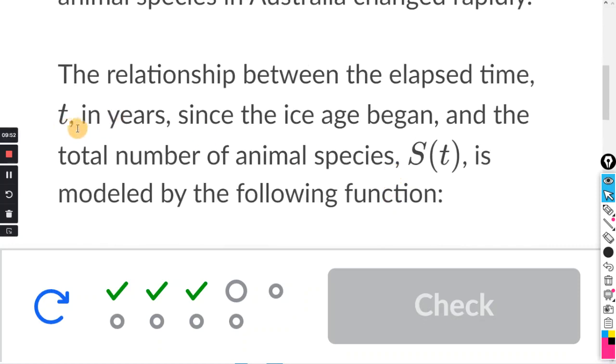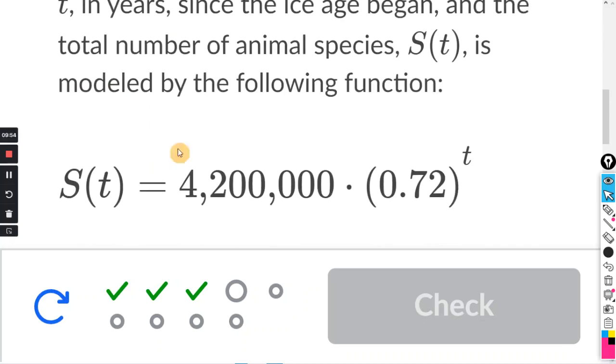It's multiplied by 0.72 to the t. So we don't have to do the thing with the 0 and the 1. This one's much more simple. T is in years. So each time t increments by 1, the value gets multiplied by 0.72.